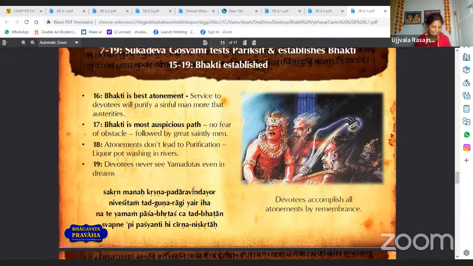So you take shelter of Bhagavan through the devotees who have taken shelter of Bhagavan. That's how you start the bhakti process and do the bhakti. Yeah, and in that kind of bhakti, he's explaining here. What is that kind of bhakti?